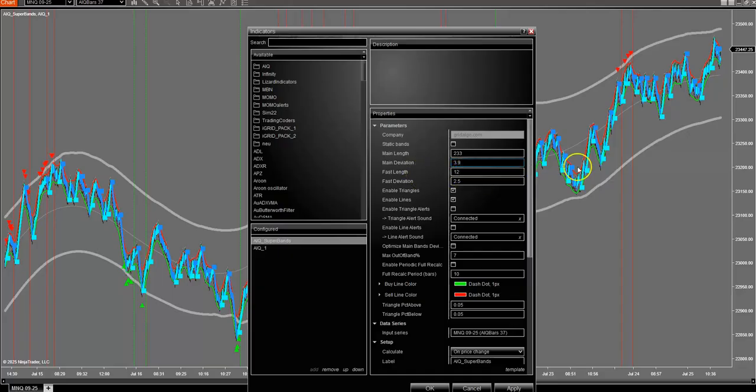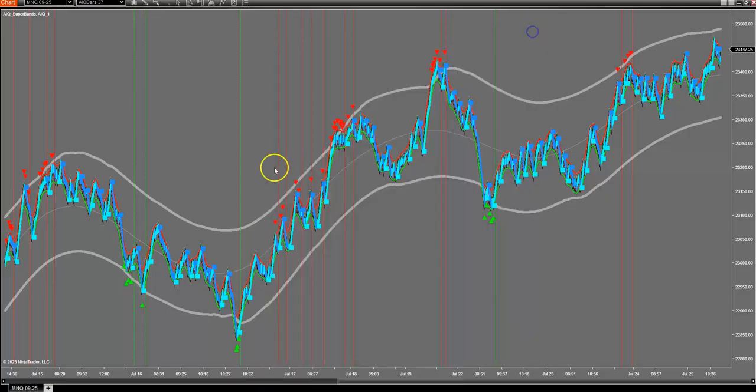Now, fast length, that's the fast bands. For the way I'm using them in this mode, I like 12 and 2.5. For the mode that I have the fast bands in now, I'm not really looking for main band crosses. I'm looking more for patterns. Can I see when price is hooking and changing directions on a micro basis?